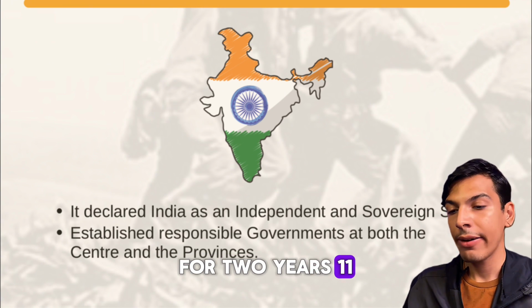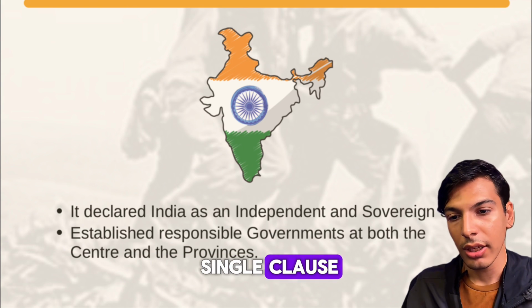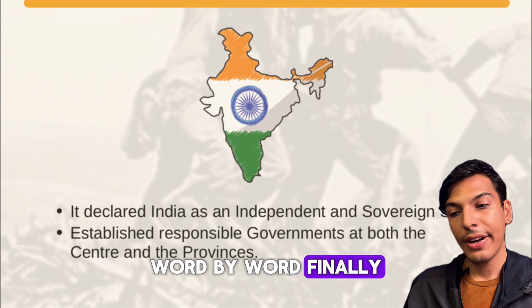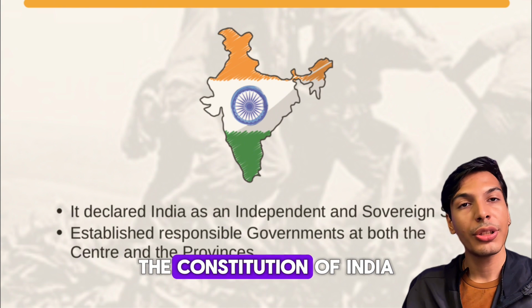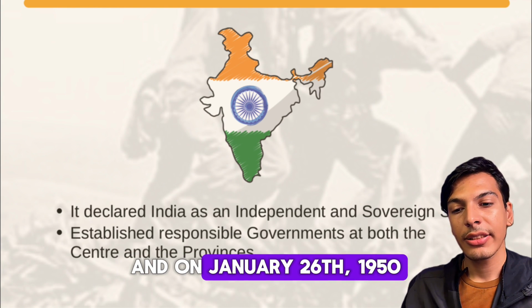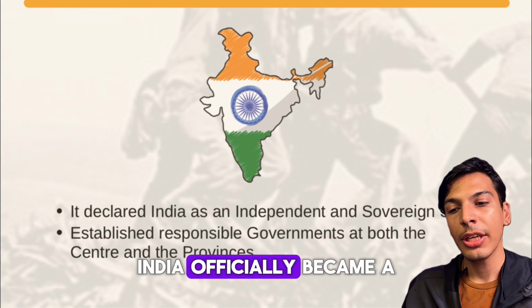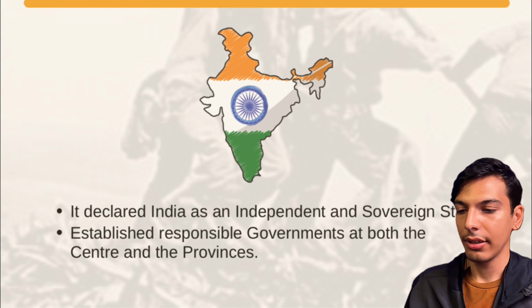For 2 years, 11 months, and 18 days, the assembly debated every single clause, from fundamental rights to federal structure, word by word. Finally, on November 26, 1949, the Constitution of India was adopted. And on January 26, 1950, it came into full effect. On that day, India officially became a sovereign, socialist, secular, democratic republic.